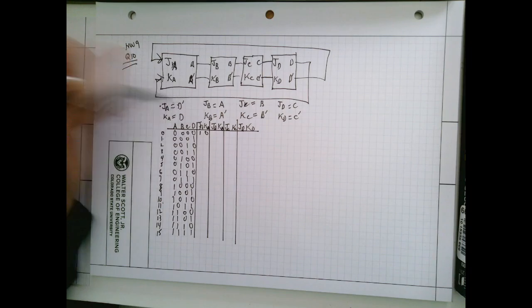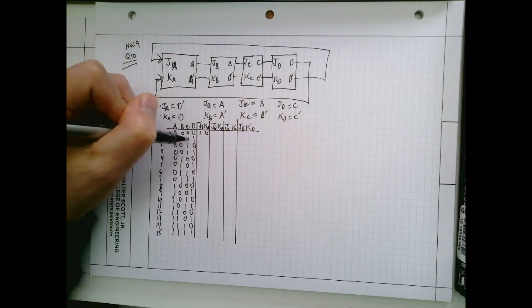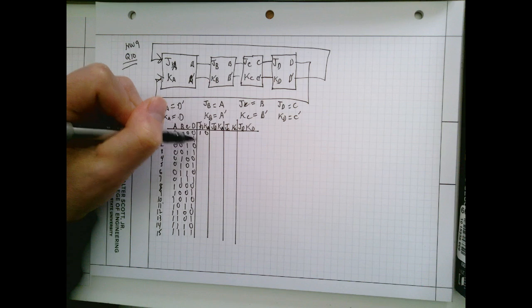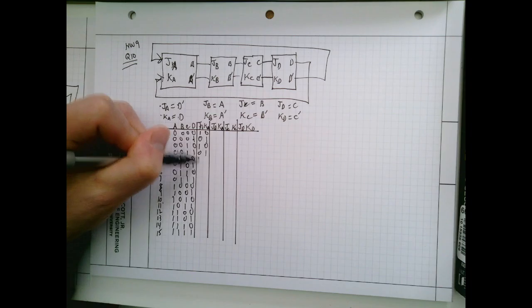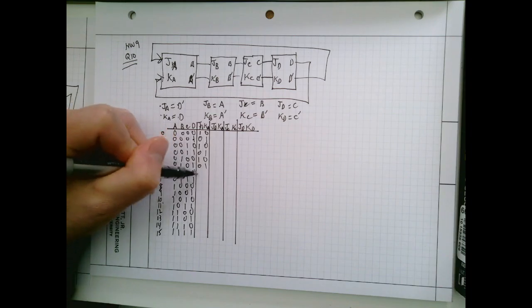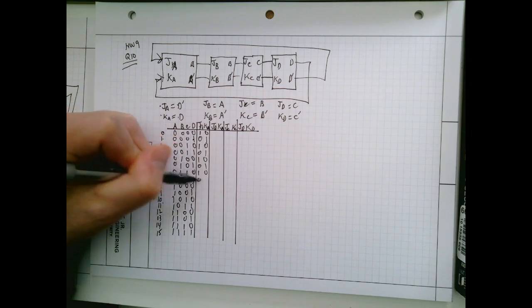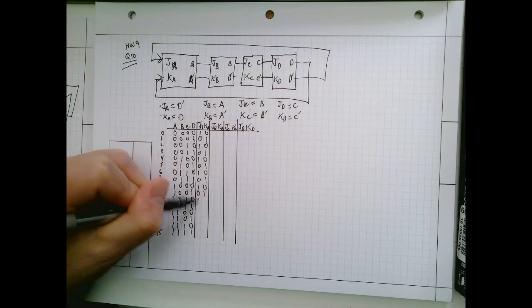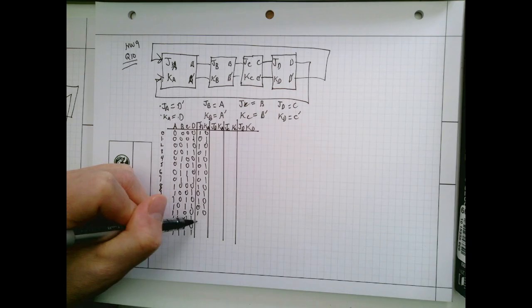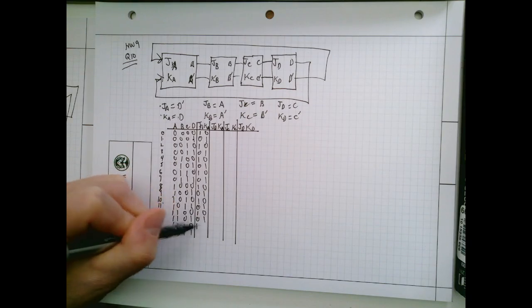J sub A equals D prime, K sub A equals D. So then if this is a 1, then this is going to be 0, and the column fills in as a repeating pattern of 1s and 0s.